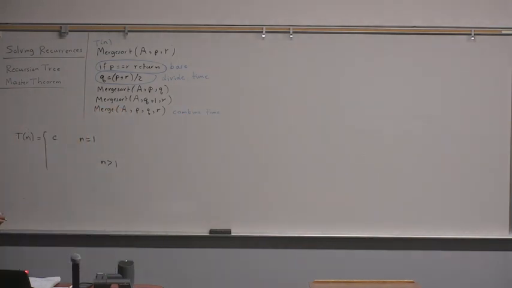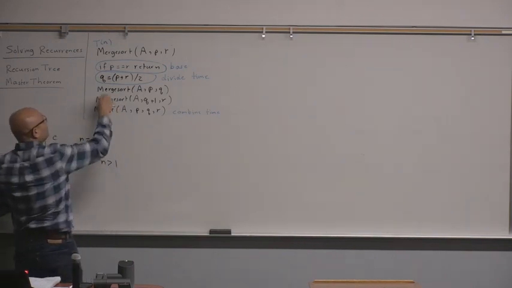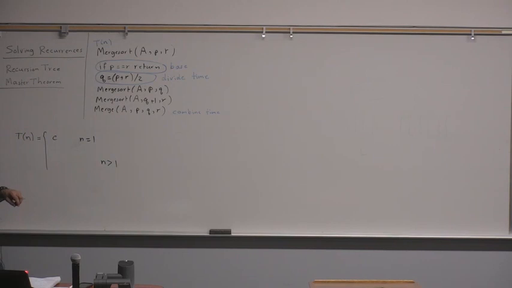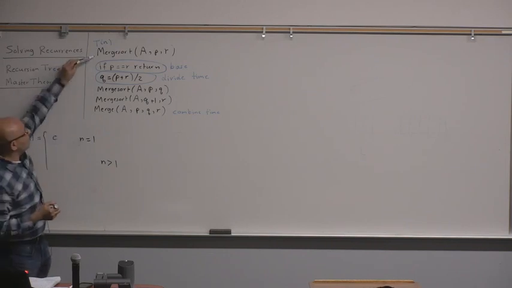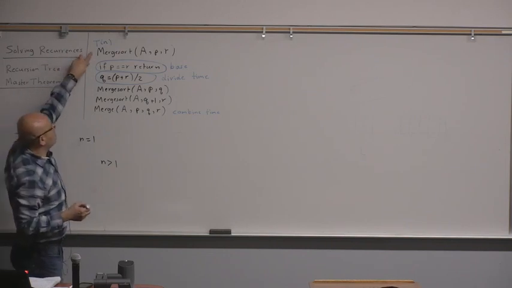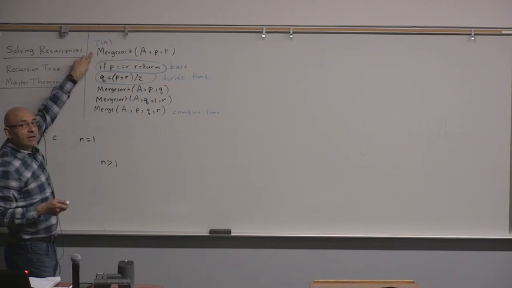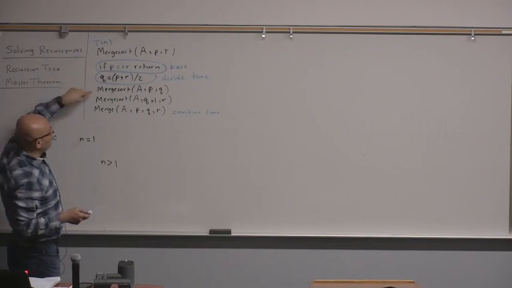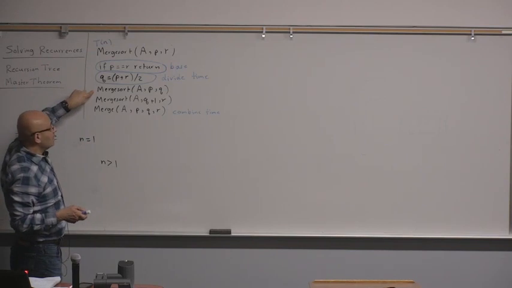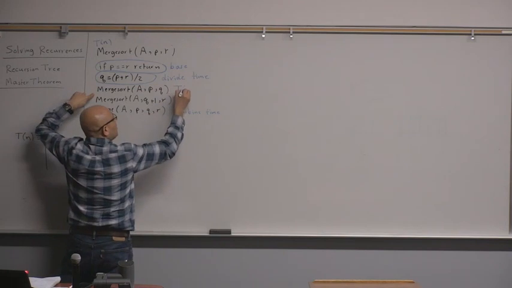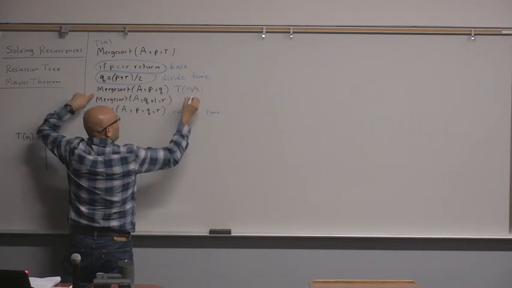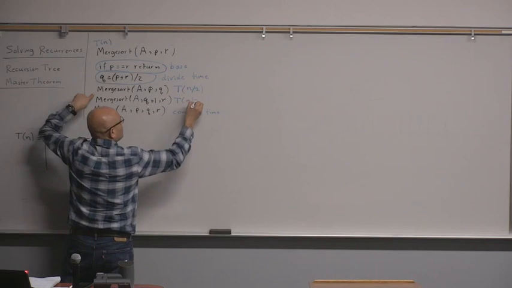Now how do we handle these recursive calls in merge sort? If T of n is the time for sorting an array of size n, what will this be? Yeah, this will be the time for sorting an array of size n over 2. So this is T of n over 2, and this is another T of n over 2.